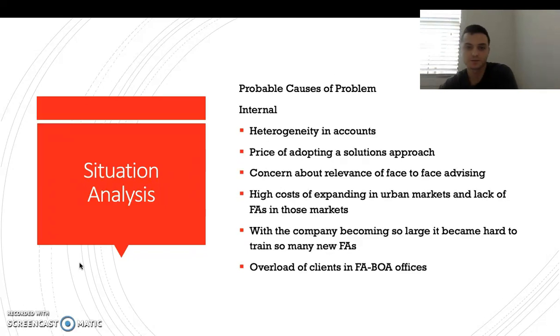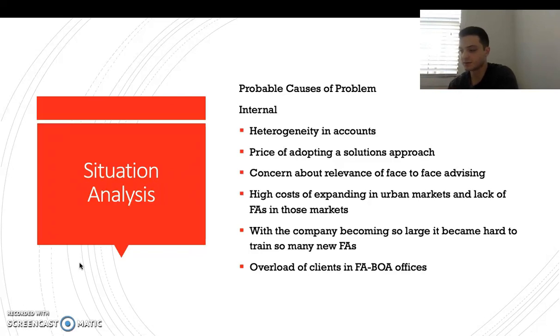So, some internal causes of problems. There's the heterogeneity in accounts. Basically, this has to do with the fact that they don't have any real similarities between accounts, no homogeneity.